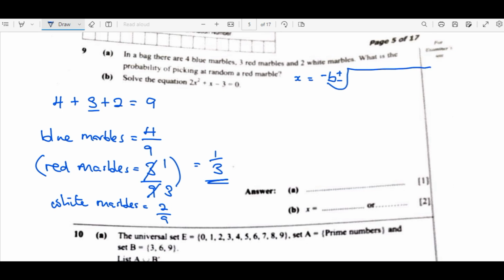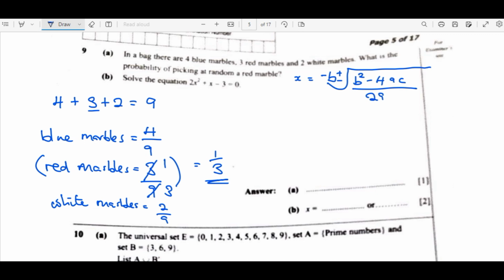the square root of b squared minus 4ac, over 2a, so we write 2a there. Now when you look at this, we're going to substitute and identify.